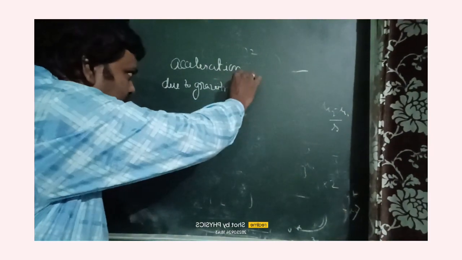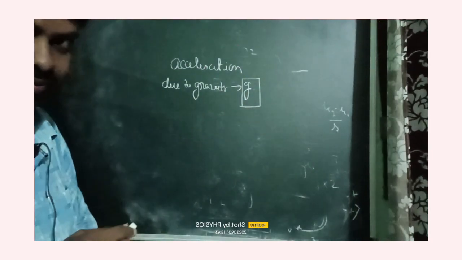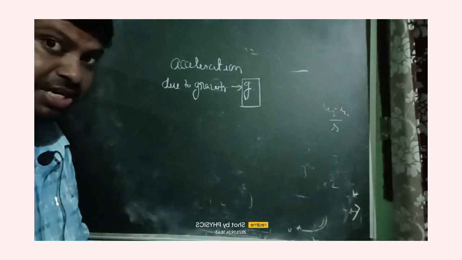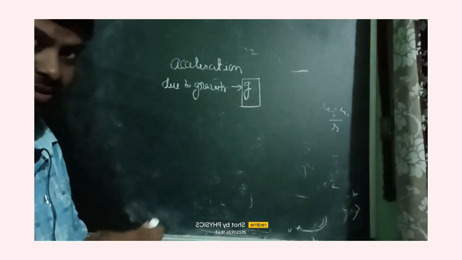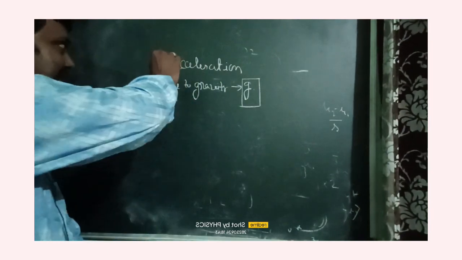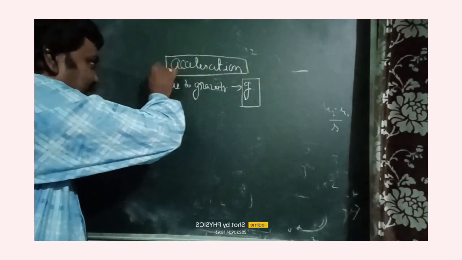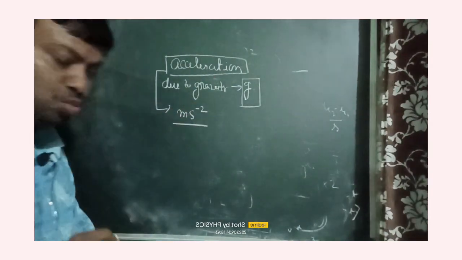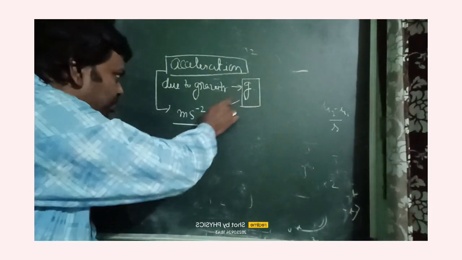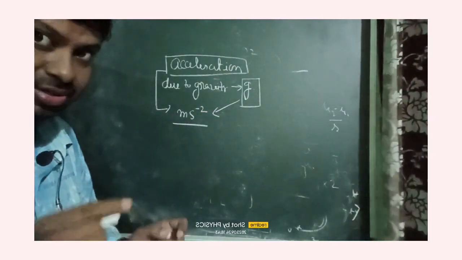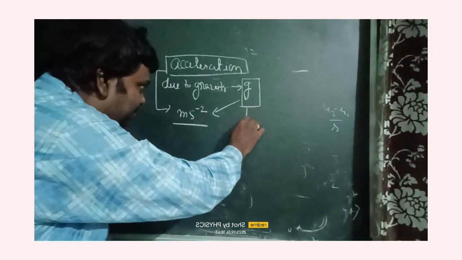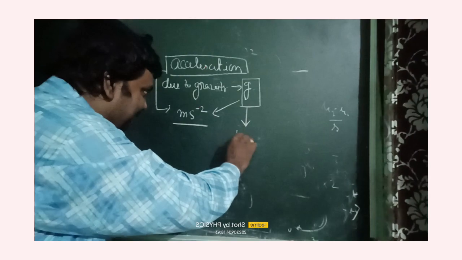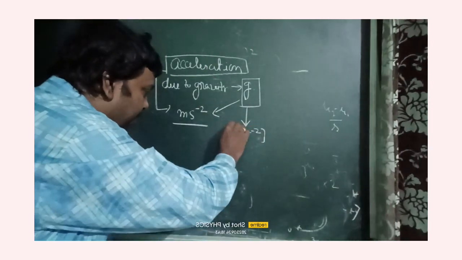As g is the acceleration generated by the gravity, and we know that the unit of acceleration is meter second to the power minus 2, so the unit of the acceleration due to gravity is the same, and the dimension of the acceleration due to gravity is the dimension of acceleration, that is L t to the power minus 2.